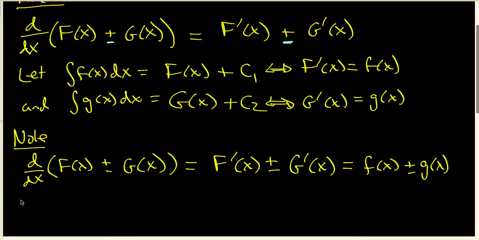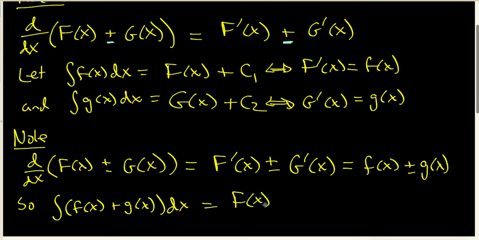And I can then rewrite this derivative fact as an antiderivative fact. The antiderivative of f of x plus g of x is going to be capital F plus capital G plus whatever constant I want to add. And if I want to think about putting in a minus sign between little f and little g, that's just going to put in a minus sign over here.